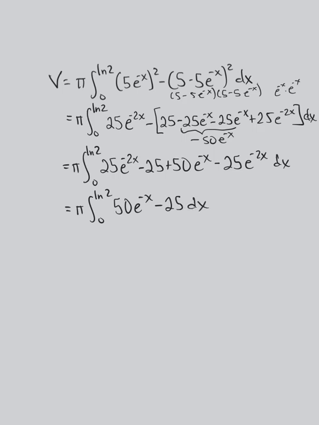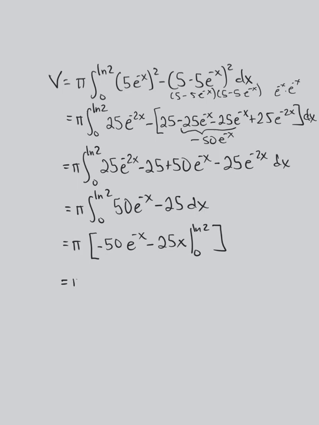Now I just do these two antiderivatives separately. This is a linear composition right here, and so I just have 50 over negative 1 e to the negative x, and then minus 25x, from 0 to ln of 2. So we just keep chugging along.